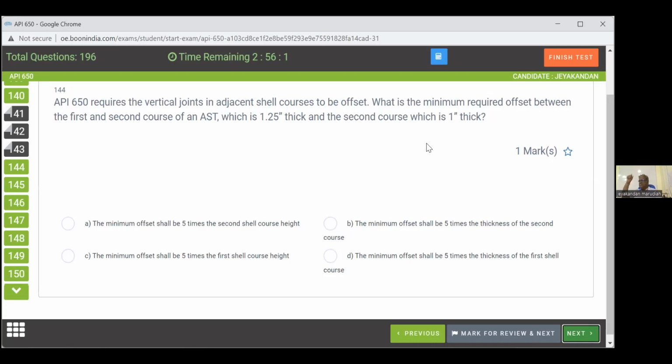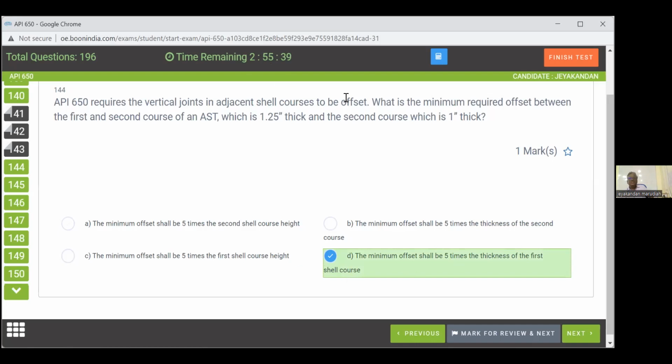We have to take the thicker for longitudinal, so 5 into 1.25. Calculate that. The minimum offset shall be 5 times the thickness of the first shell course, that is the thicker course.